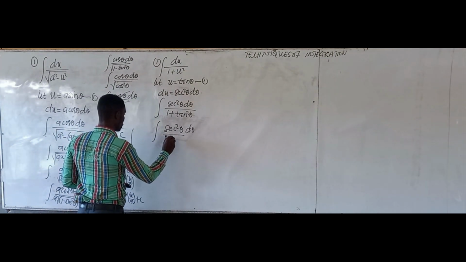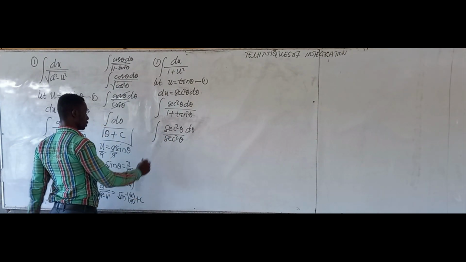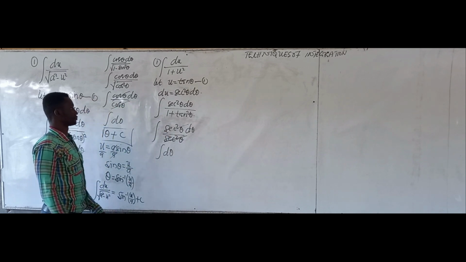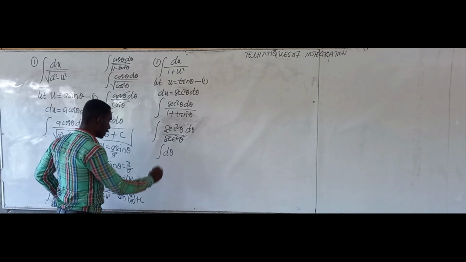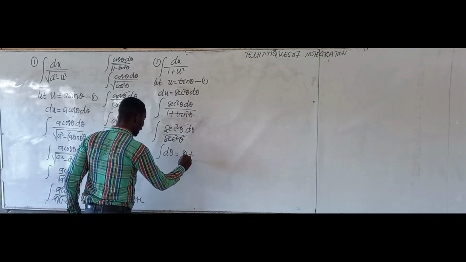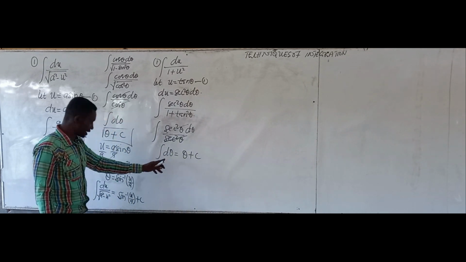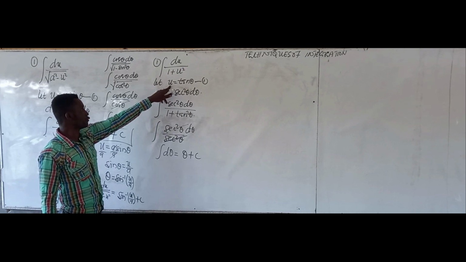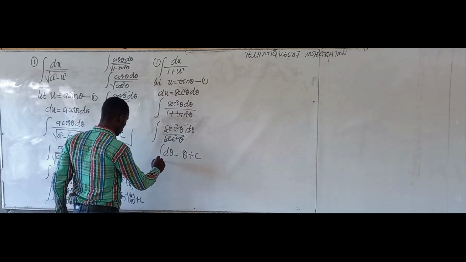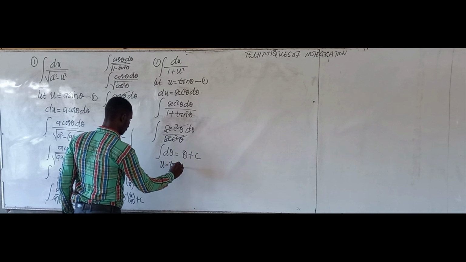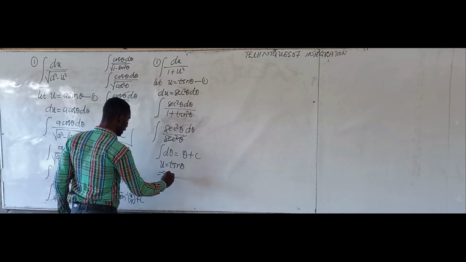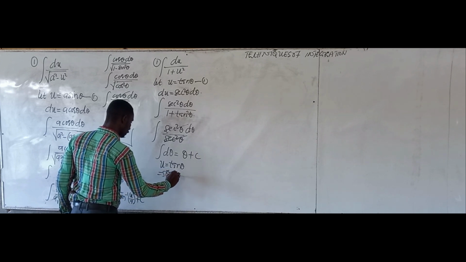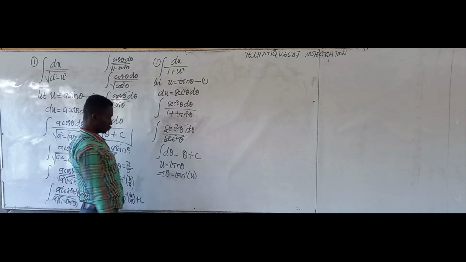So this will give me sec square theta, so that this one will cancel this, and we shall have integral d theta. If you have integral d theta, this one will give you theta plus c, because there's 1 d theta. And what is our theta? You're going to look for our theta from this. If you have u is equal to tan theta, it implies theta is equal to tan inverse of u.